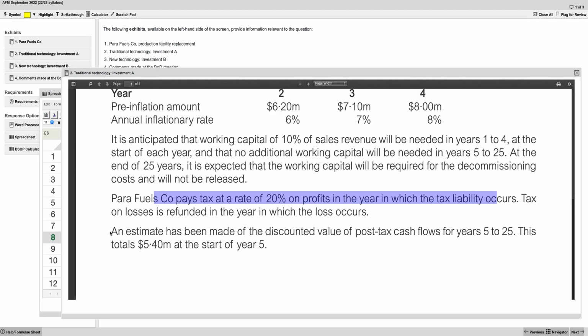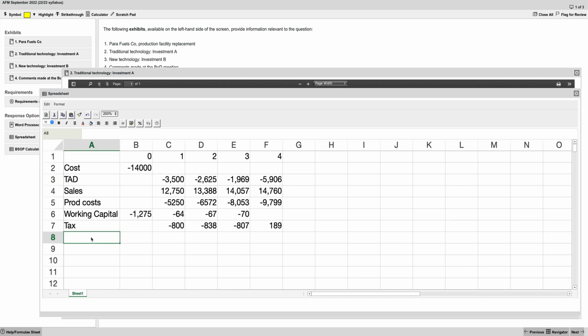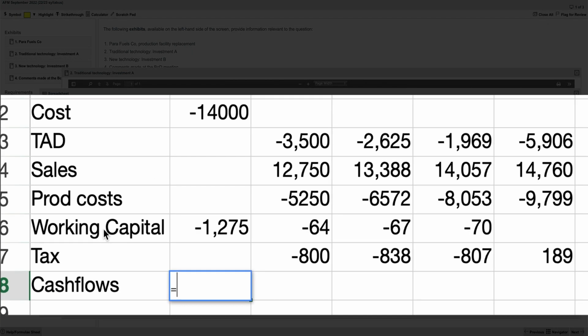Back to the question. So here's this year 5 to 25, and it says discounted down, that's 5,400 at the start of year 5. So first of all then, I want my cash flows. So my cash flows would definitely be that one down to there for that column, but it wouldn't be for this one.